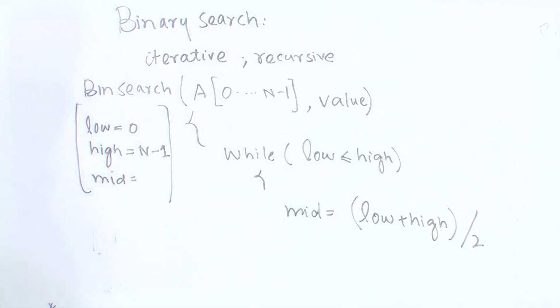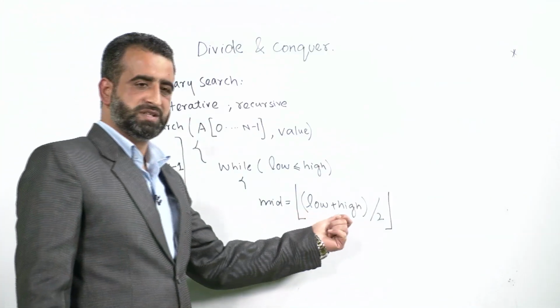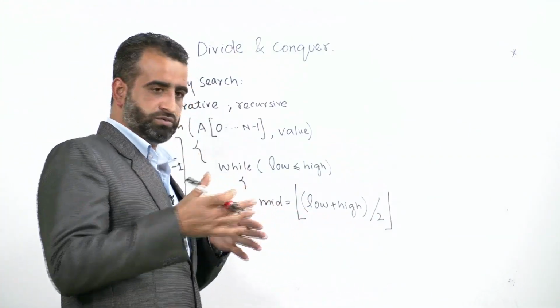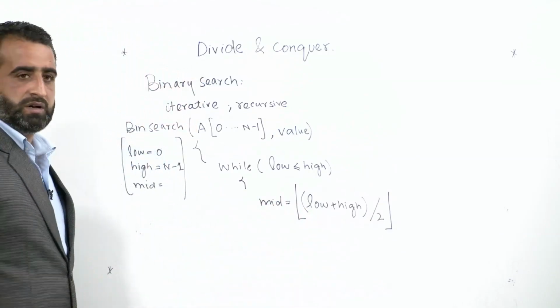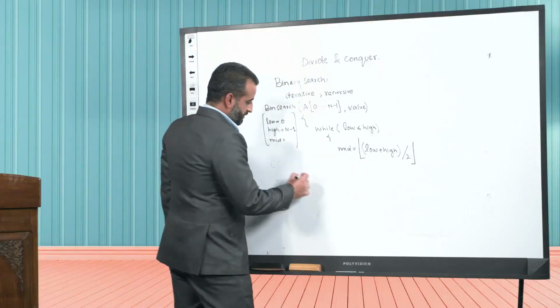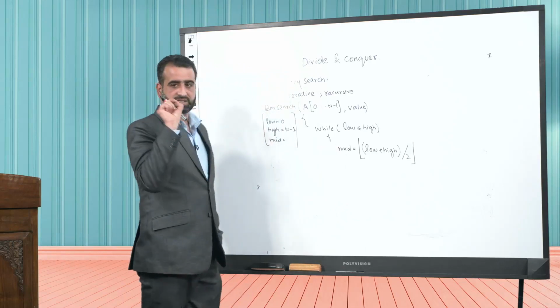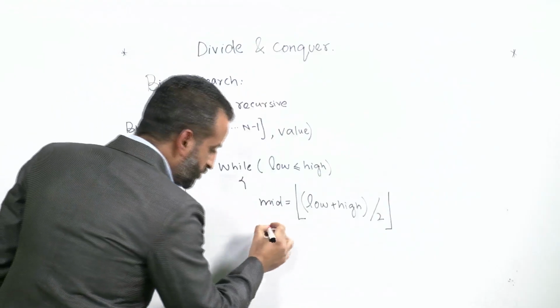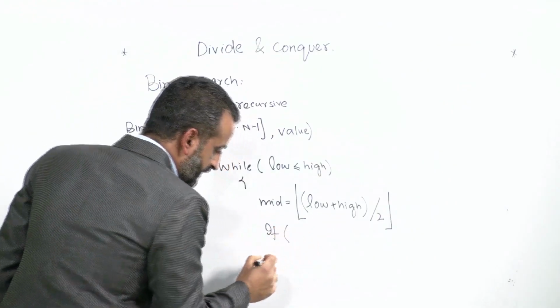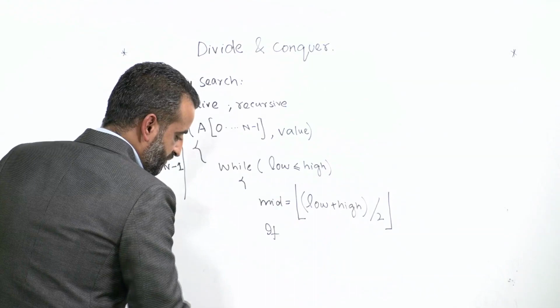You just need to remember that in these cases we take floor functions. Floor functions just round the number to the closest smaller number. Once I compute my mid value, remember this mid value is an index. It's a pointer that's pointed to a particular location. I try to look at the value at this particular location.